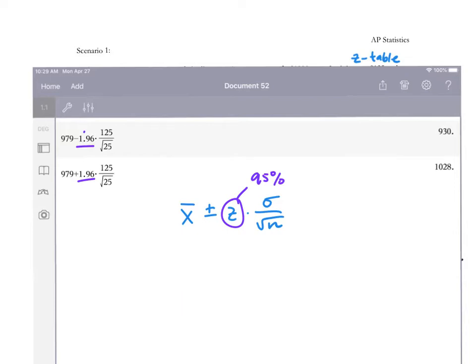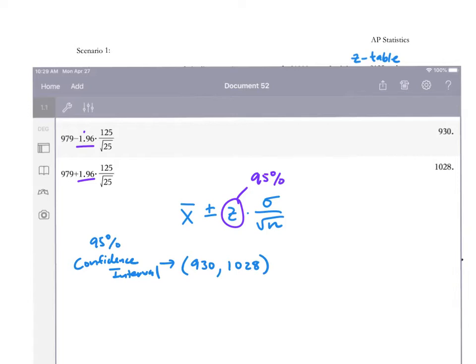And what I'm checking for, so what I got in this confidence interval was a lower bound of 930 and an upper bound of 1028. This is my confidence interval. Let's say 95% confidence interval. Okay. And so my question is, what was the company's claim? They said that their clients receive an average of $1,000, right?